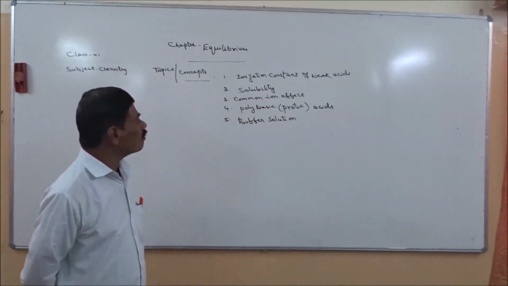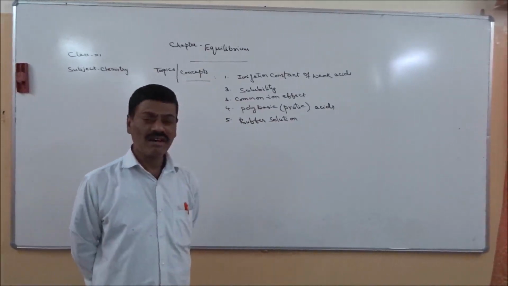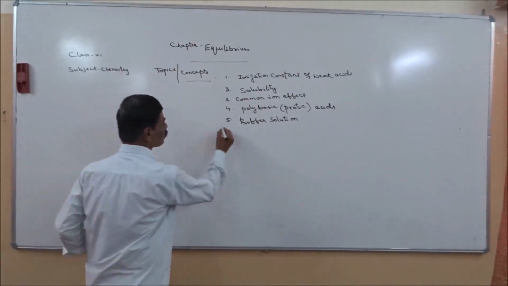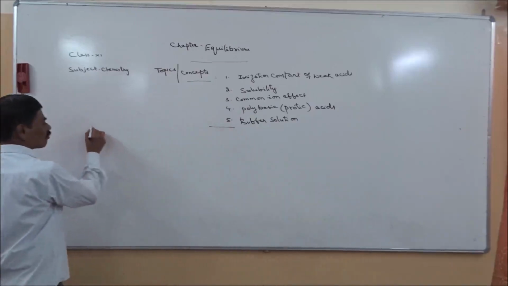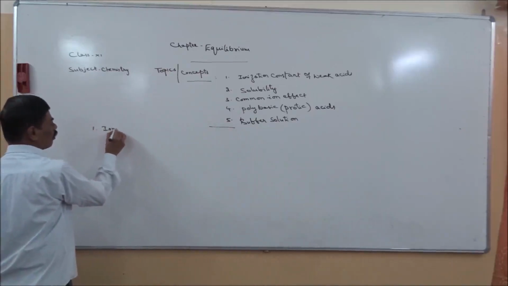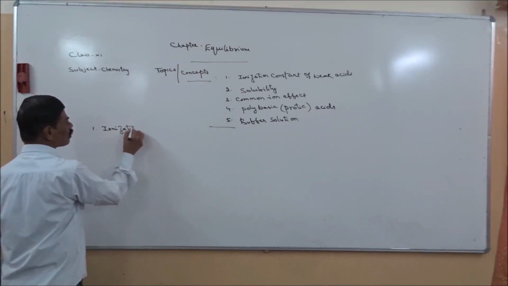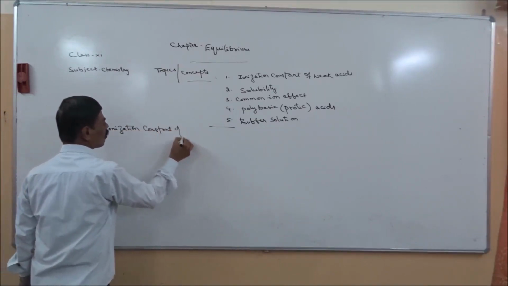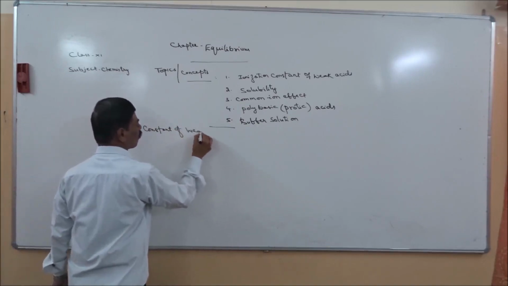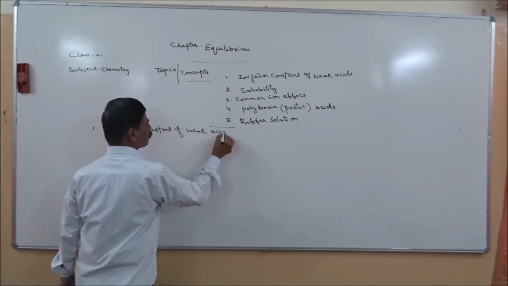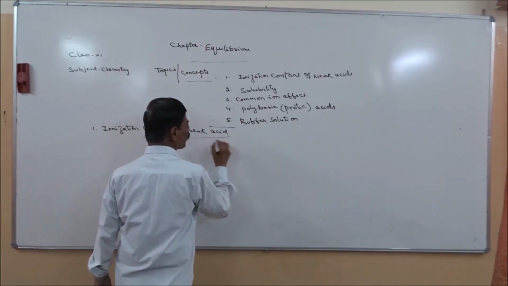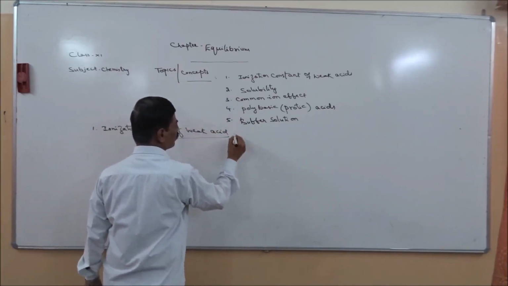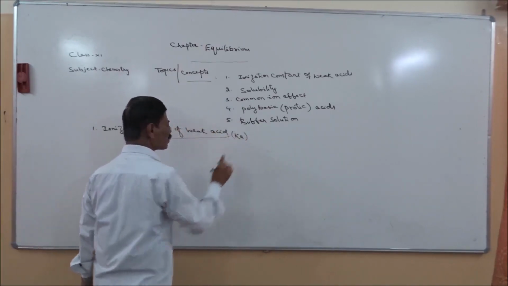First topic is ionization constant of weak acid. That means Ka is ionization constant.